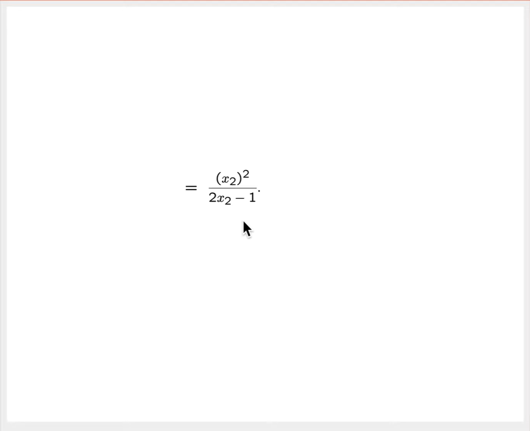Now remember, this is the conditional expected value of x1 given the value of x2. And so this is a function of x2, the value that we are conditioning on.